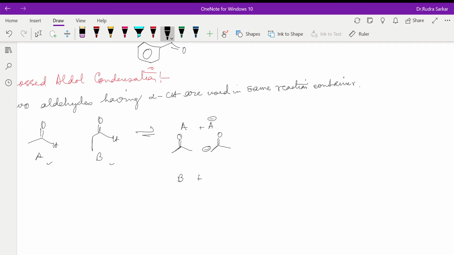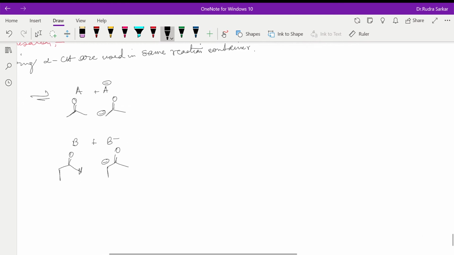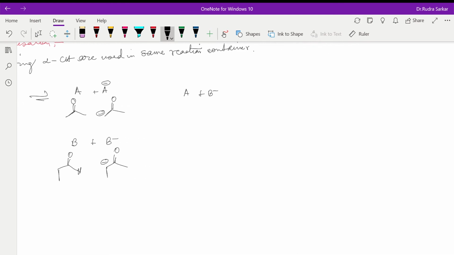Or B can combine with the enolate of B. Or you can think of the other possibility, A combining with the enolate of B, and B combining with the enolate of A. So this is B and this is A minus, and this is A. This is your P minus.